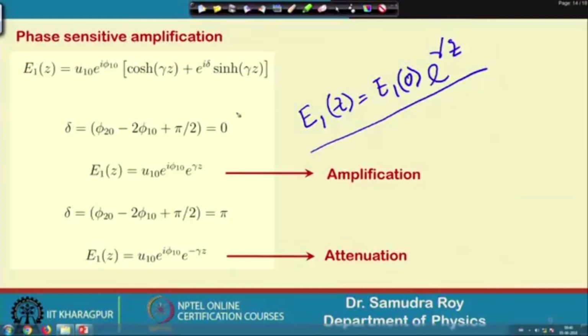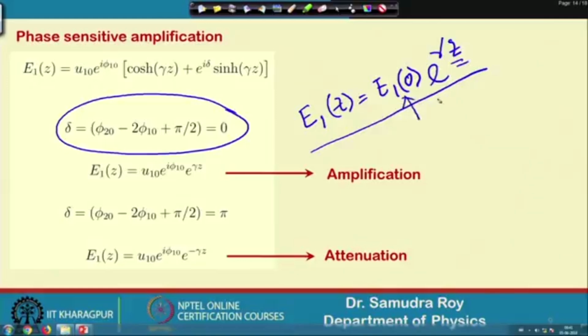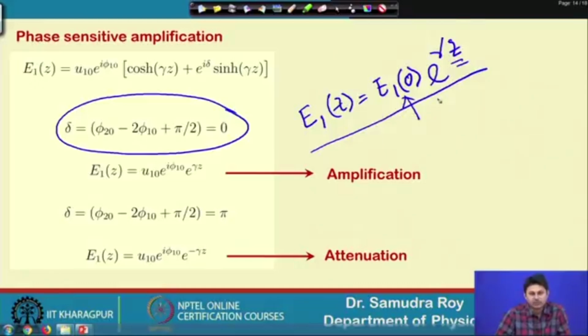When delta is 0, this kind of phase matching is there, and because of this phase relation, we have an amplification. If z is increased, then E1 z is going to increase. So, we will have the amplification of the total field E1. Whatever value we have at the input, it is going to amplify. That means the subharmonic is going to be generated.